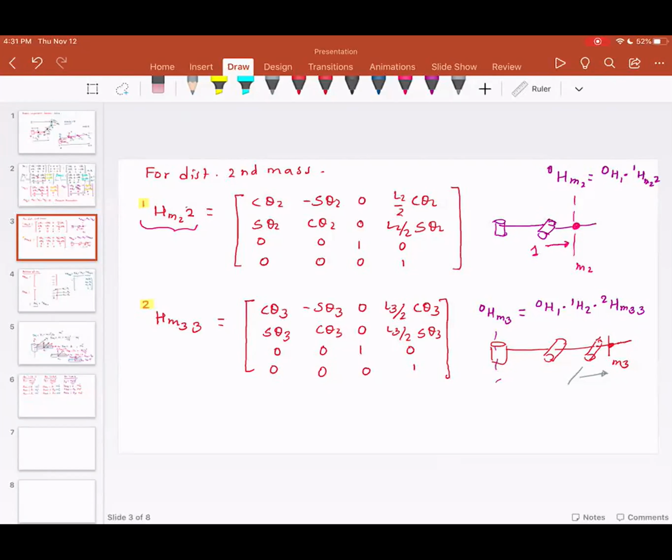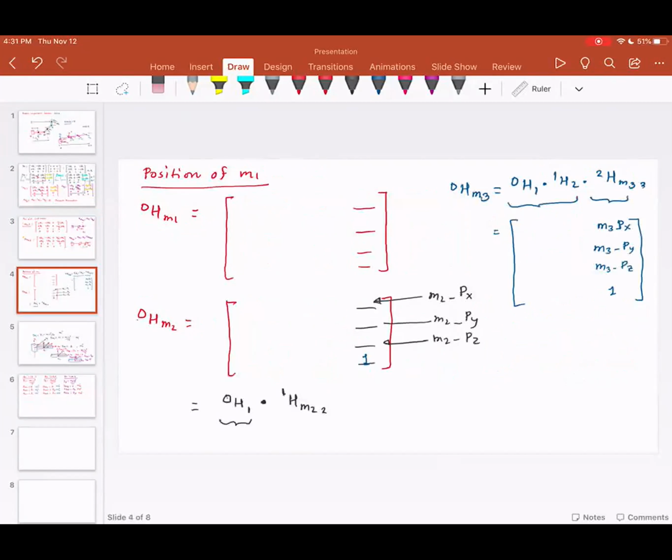Now we are at this important step where we have to find out the kinetic energy and the potential energy. So we talked about how to get the positions of mass M1, M2, and M3 from the homogeneous transformation matrices corresponding to the masses M1, M2, and M3.